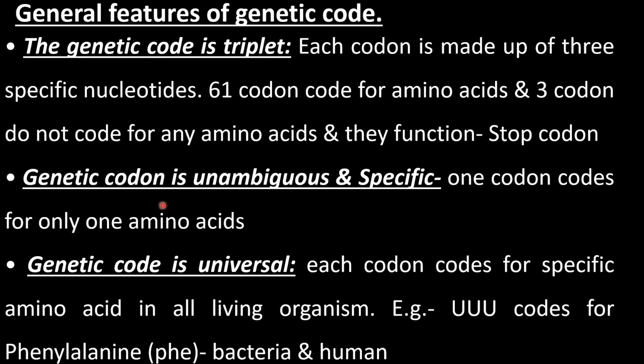Second characteristic, genetic code is unambiguous and specific. One codon codes for only one amino acid. Genetic code is universal. Each codon codes for a specific amino acid in all living organisms. Example, UUU codes for phenylalanine in bacteria as well as in human beings.